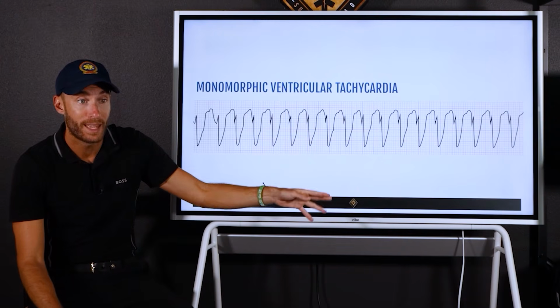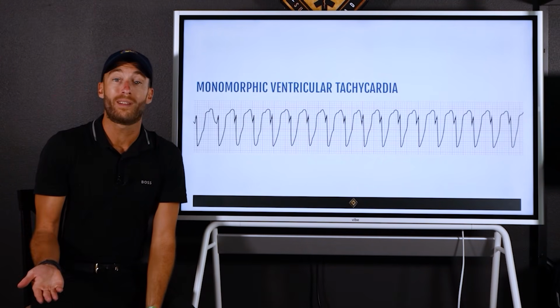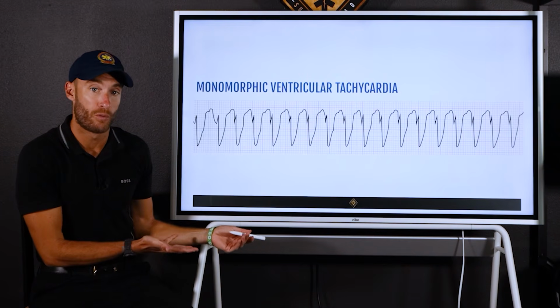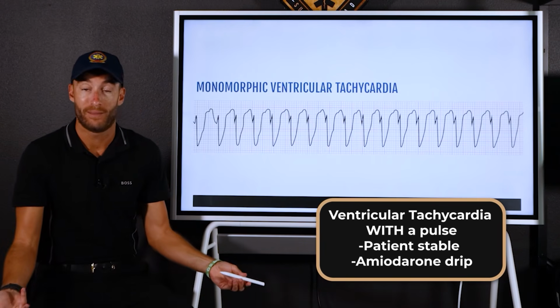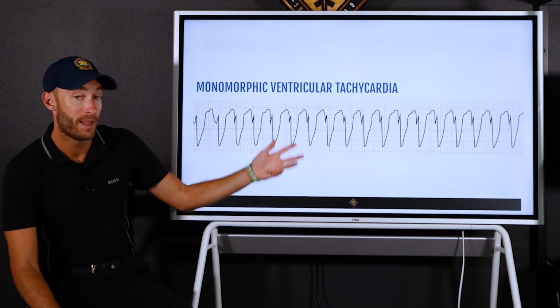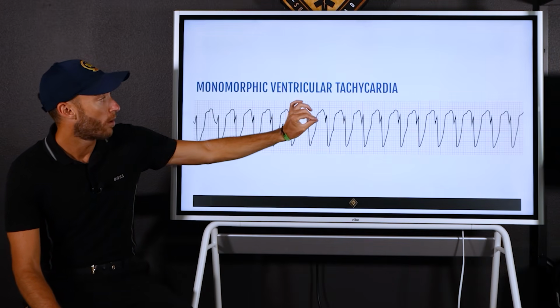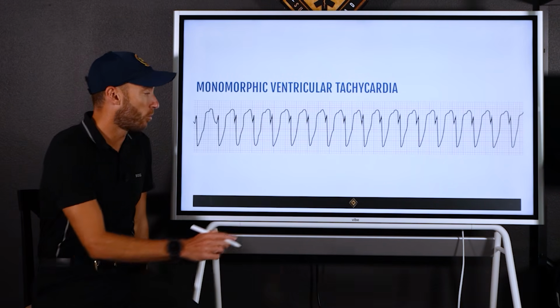But it can happen. In that moment, what would you do? Well, the drug of choice obviously is going to be amiodarone. So it could be an amiodarone drip at 150, for example. That could be our drug to drip in for VT. Now, let's go on to the next one here.